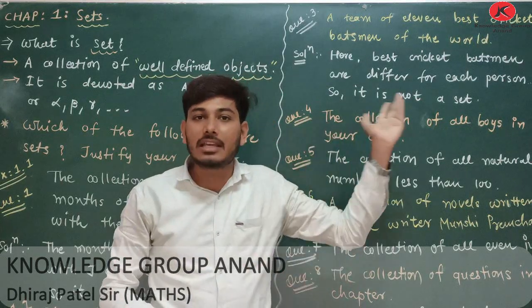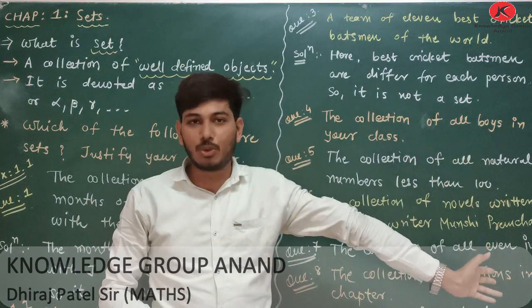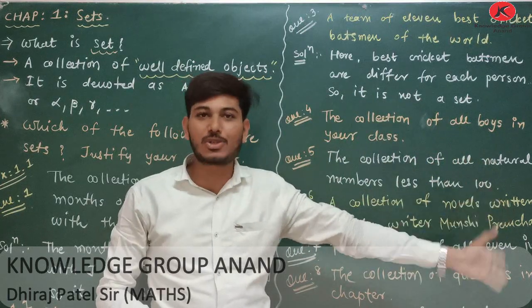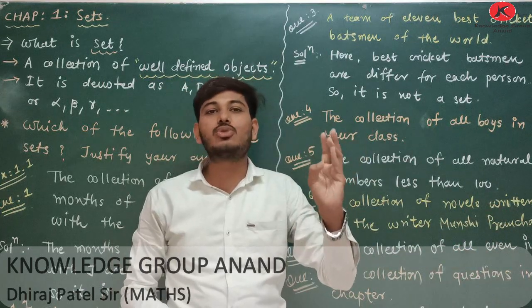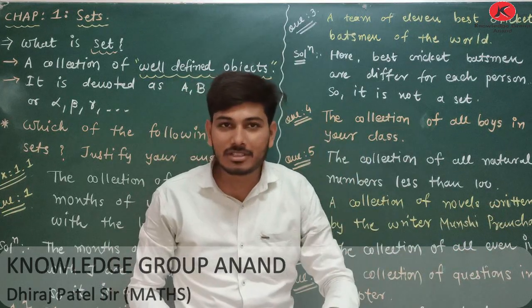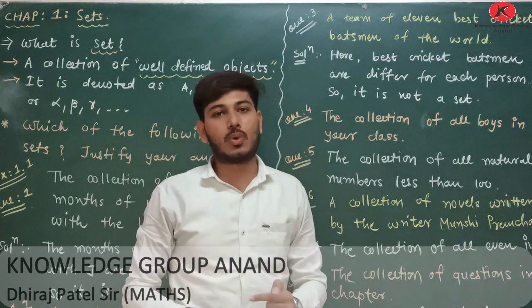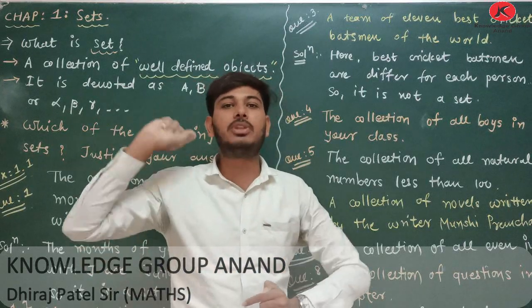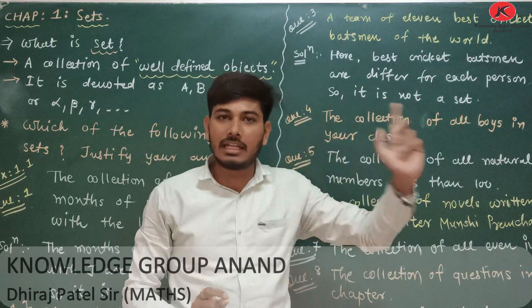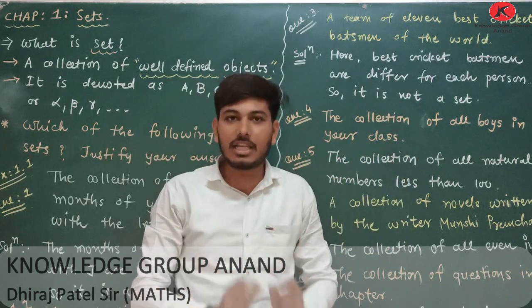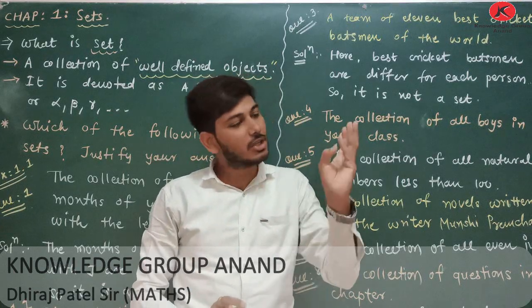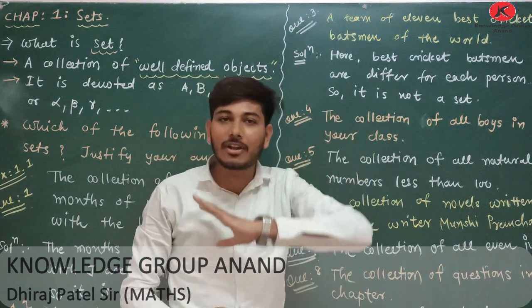Suppose I ask the owner of this school, he will also say the answer is 2, 3, 5 and 7. If I ask this question to any maths professor of any institute, he or she will give the answer 2, 3, 5 and 7 only.